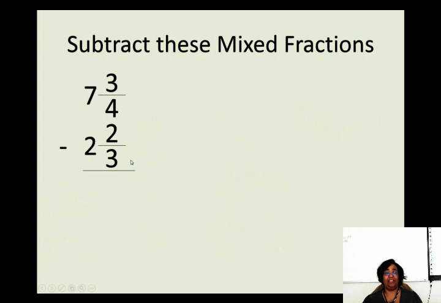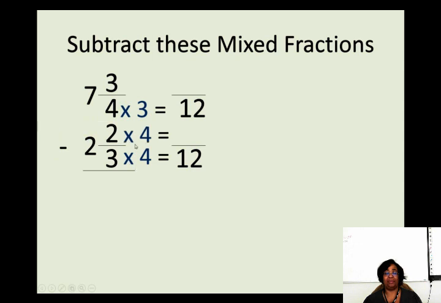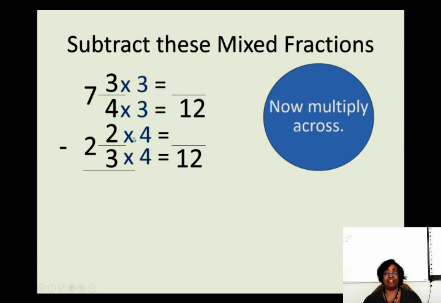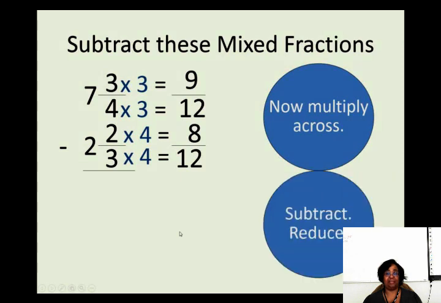For 4 and 3, we know the LCD is 12, so we're going to multiply the top and the bottom to get 12. On top, we're going to multiply by 3. On the bottom, we're going to multiply by 4 to get 12. So my equivalent fractions will be 9 over 12 minus 8 over 12. Now I can subtract.